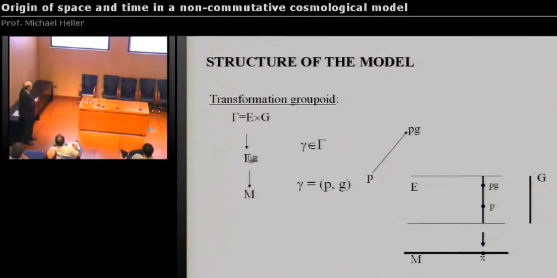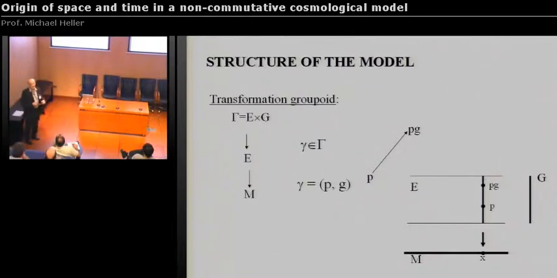As you know, groups are used in physics to describe symmetries. But there are some physical symmetries which cannot be described with the help of groups, for instance, quasicrystals. Quasicrystals have symmetries which can be described by groupoids.